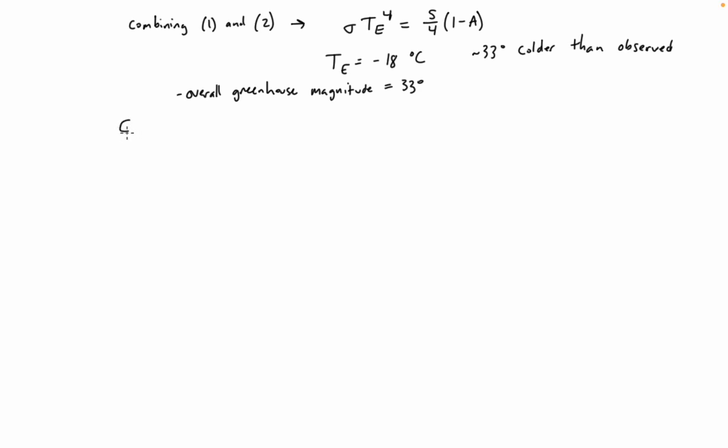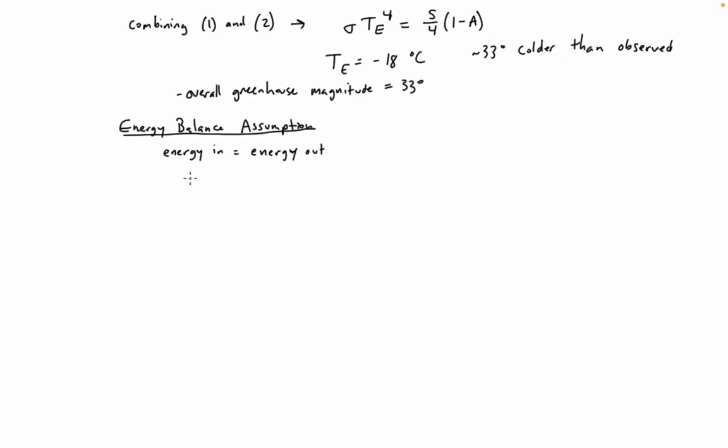So let's talk for a moment about this calculation we just did. It involved this energy balance assumption. It's worth discussing. We said the energy arriving from the sun is equal to the energy that's radiating off the Earth, and that's how we set this up.